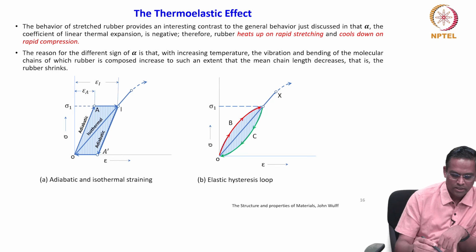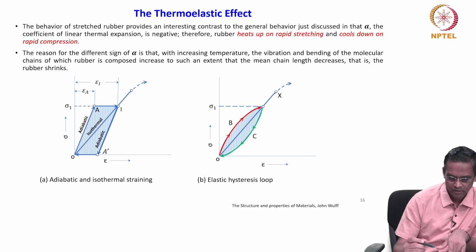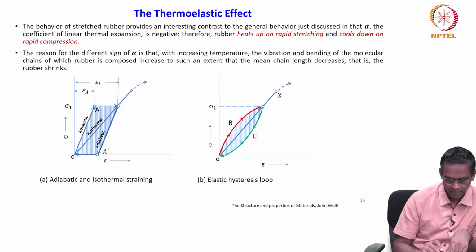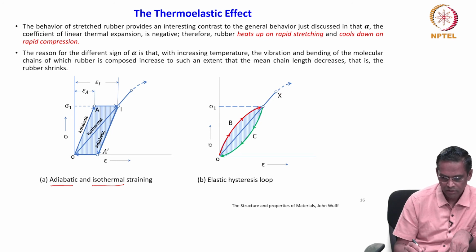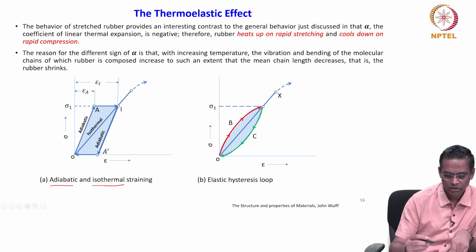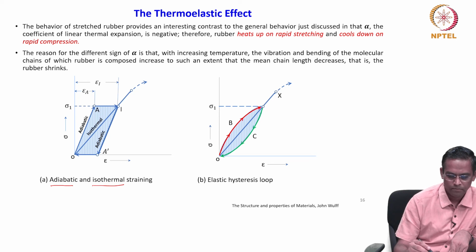So, what you can see here is there are two situations: adiabatic straining or isothermal straining. Suppose I am straining a material slowly, so there is no problem with any thermodynamic aspects. This is called isothermal straining.